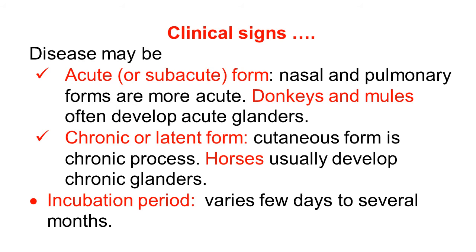The chronic or latent form is generally a cutaneous form, and horses usually develop chronic glanders. When there is septicemia, it develops an acute form. When there is bacteremia, it forms a chronic or latent form. The incubation period varies from a few days to even several months.